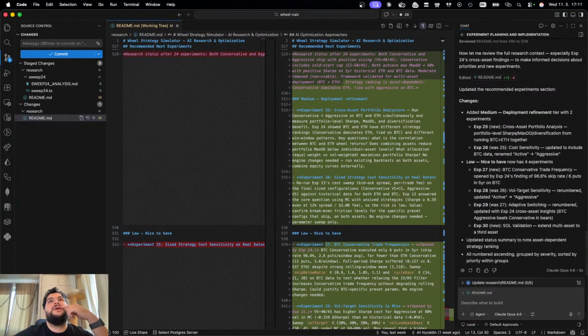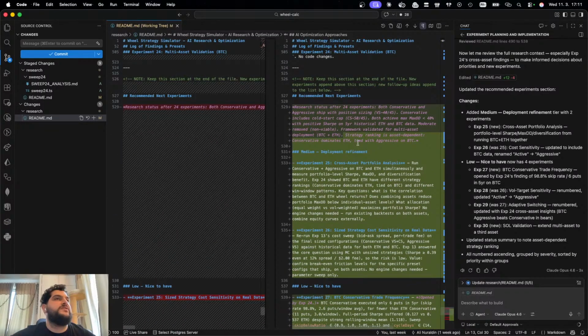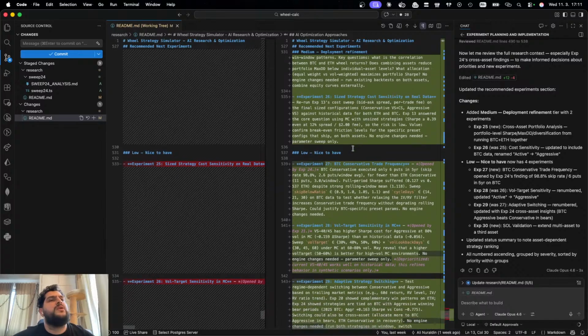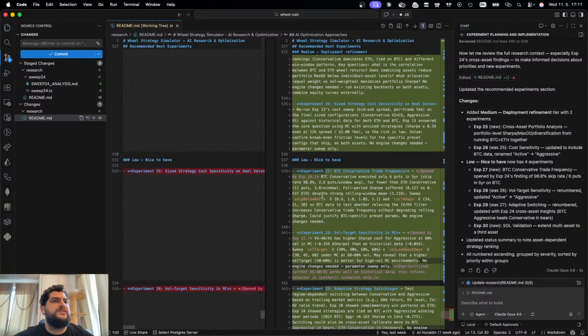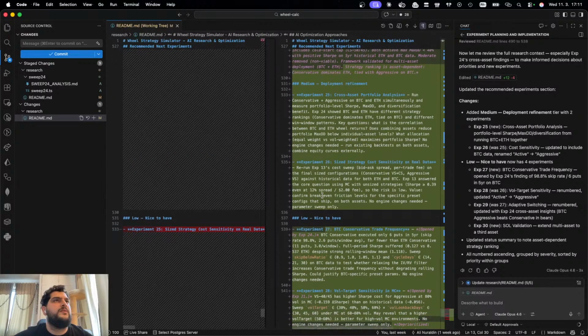Okay, so maybe we can just prepare, because there are new experiments now, so I think we need to rearrange them and maybe combine them with all the improvements that we still have unimplemented.